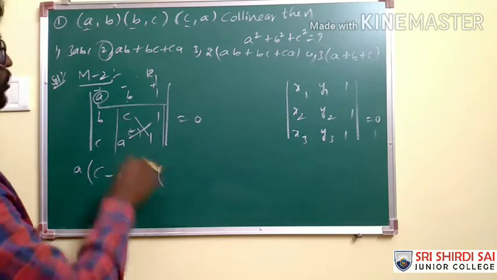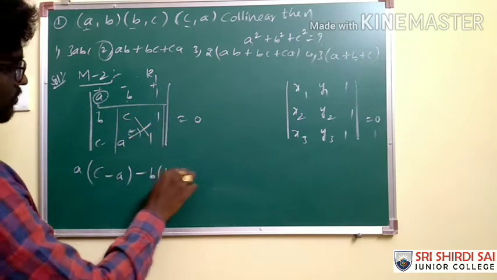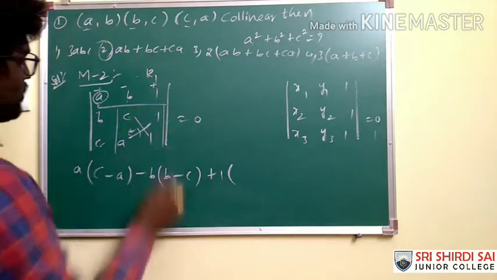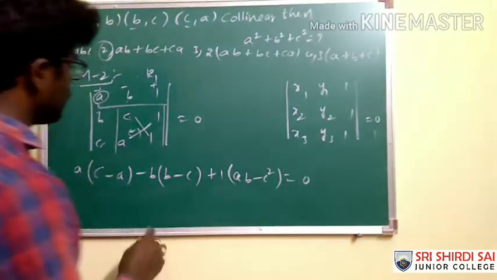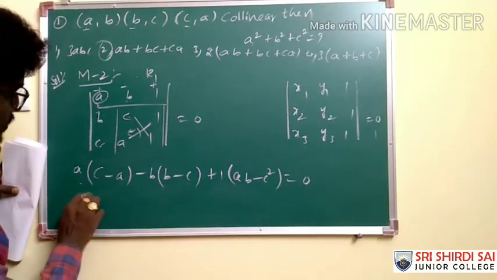Next, minus B into, eliminate this column and this row, so that you have B minus C, plus 1 into AB minus C square is equal to 0. Therefore, simplify this.